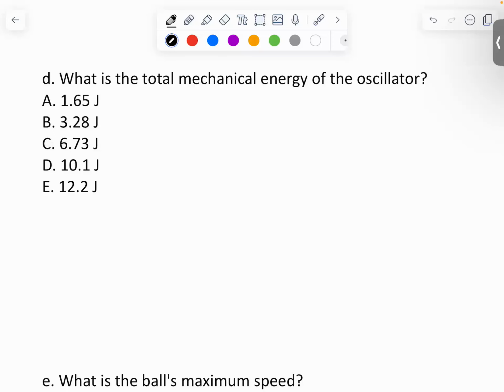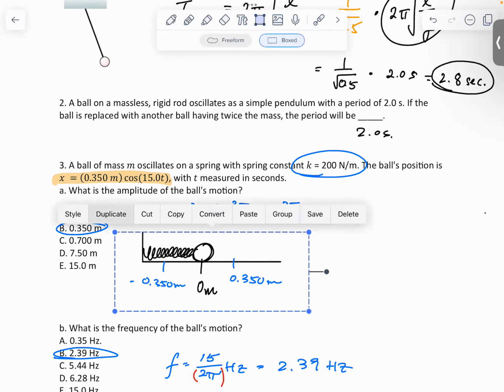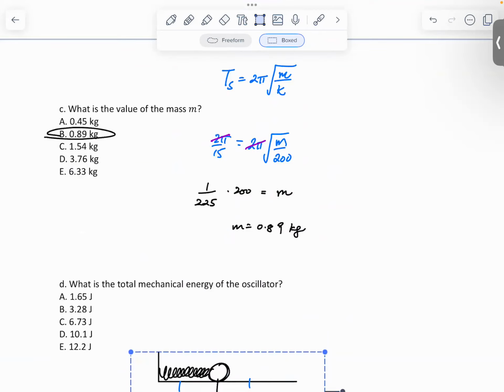All right, this might be the first hard question out of the 5-part question. So what's the total mechanical energy? Let me bring back the picture that I drew earlier. What kind of mechanical energy is available here?